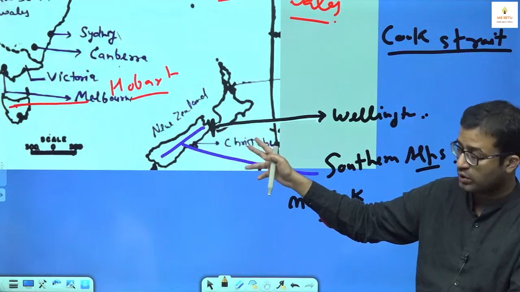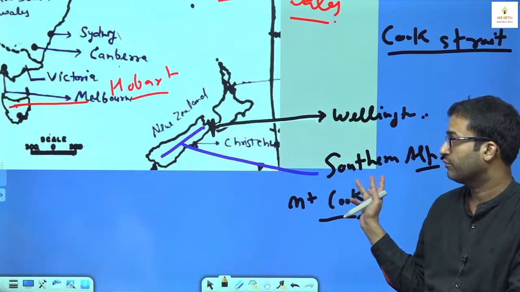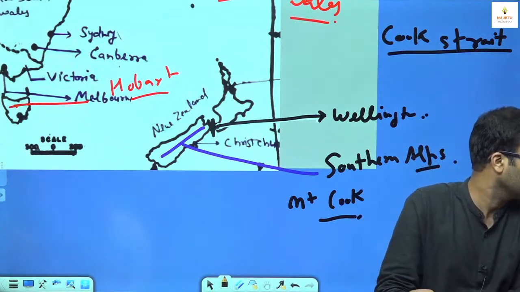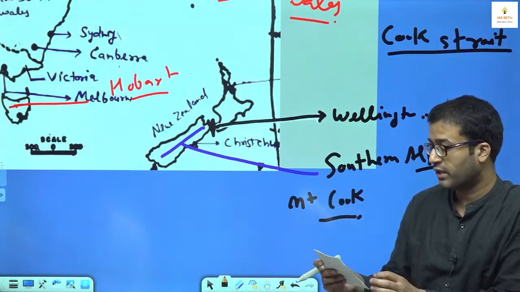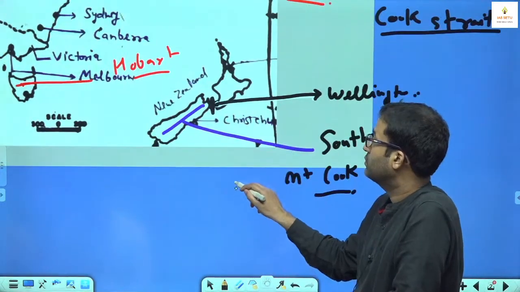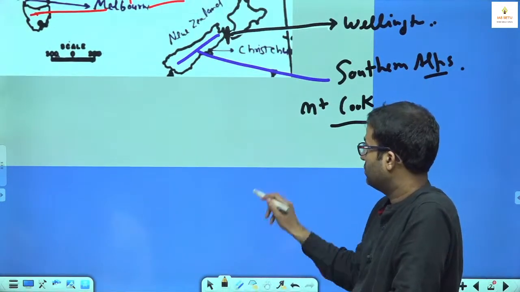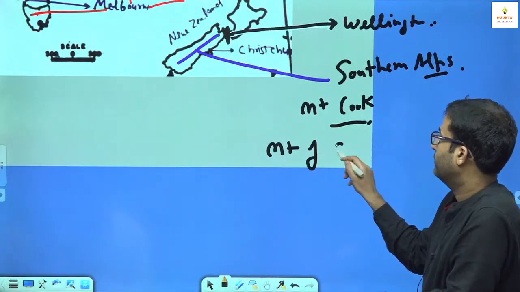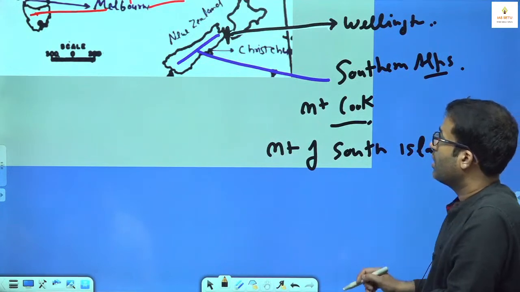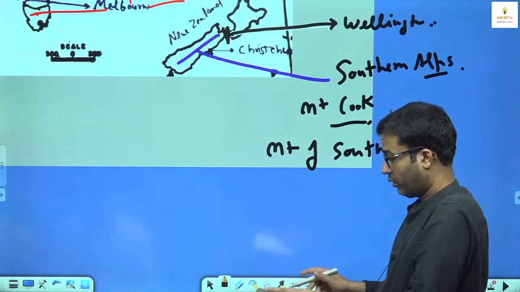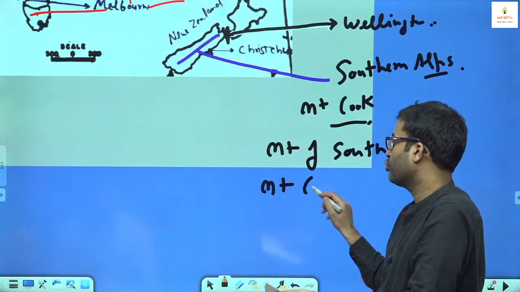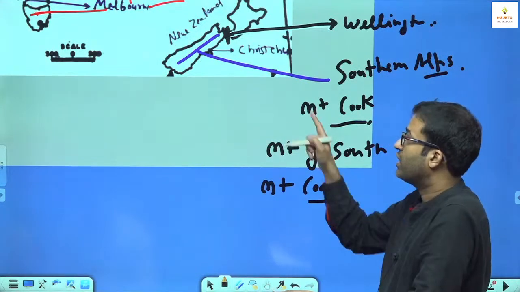So what you can do, you write about Southern Alps. First you put the heading Southern Alps. This is the mountain of South Island. Highest peak is Mount Cook, which lies in the Southern Alps.